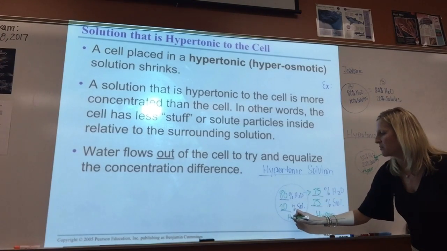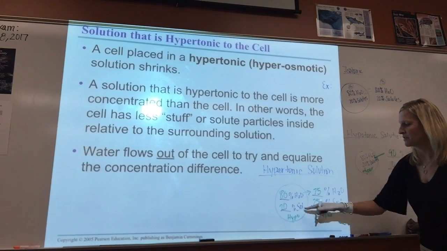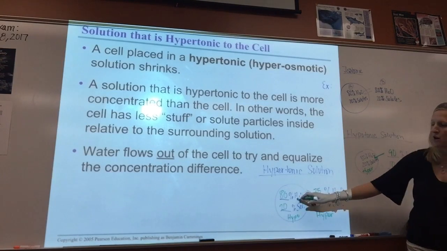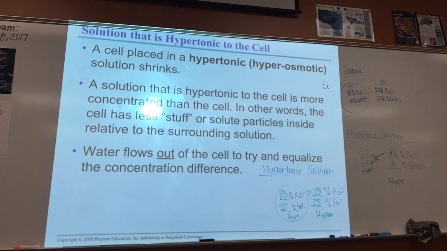This would be hypo compared to the outside, and therefore water flows from a hypo to a hypertonic solution. In using these words, I use them in terms of the solution that it's immersed in. But if I asked you what the cell is compared to the outside, you would say here hypertonic. The solution on the outside, you would say it's hypotonic to the solution on the inside. Okay, and so that's how you use those words.